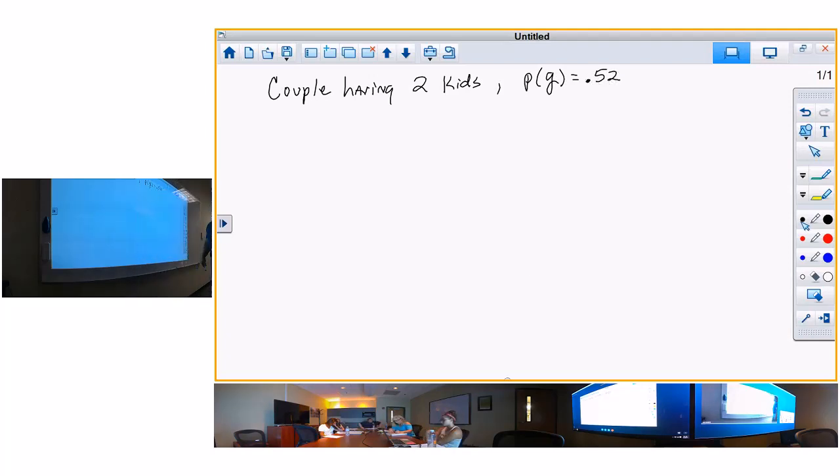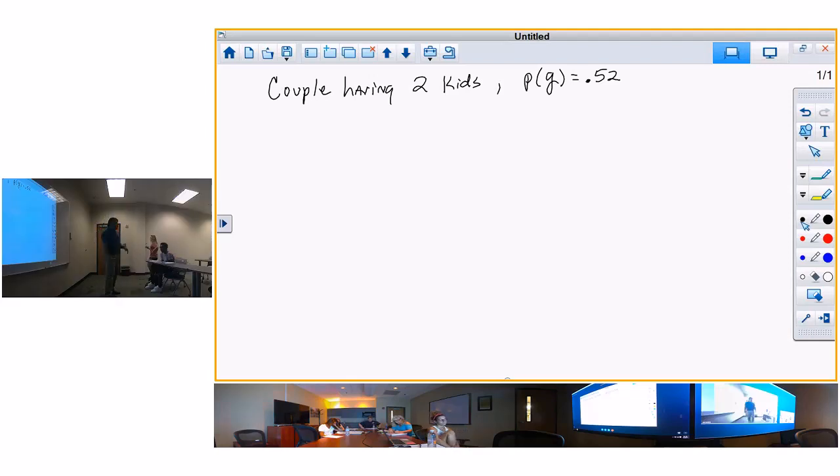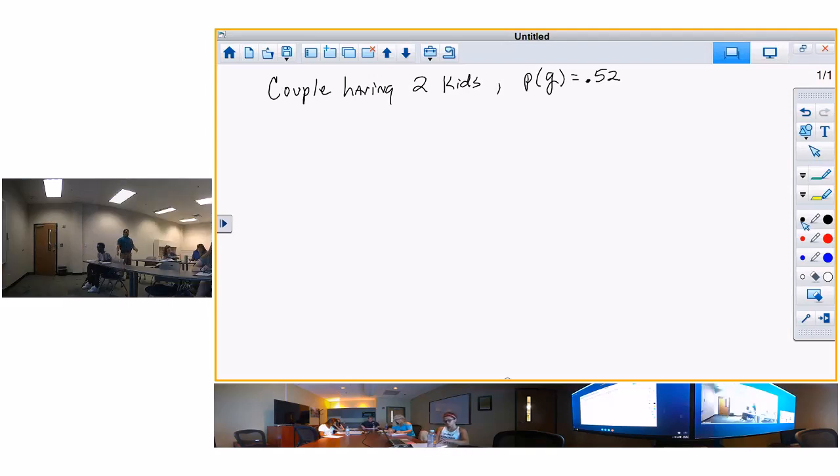You're just setting up a probability distribution, and you've got this information that in this part of the world, the probability of a girl being born is 0.52, or this hospital, or this county in this state, the probability is 0.52.